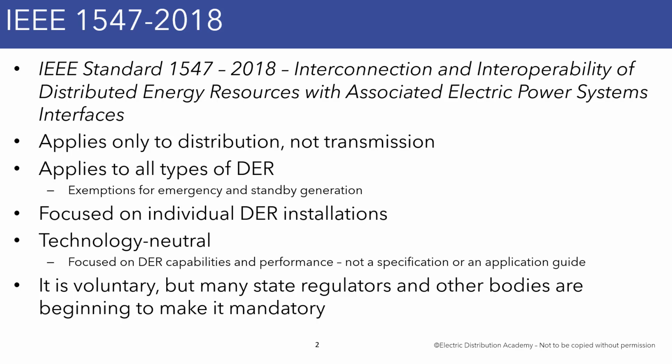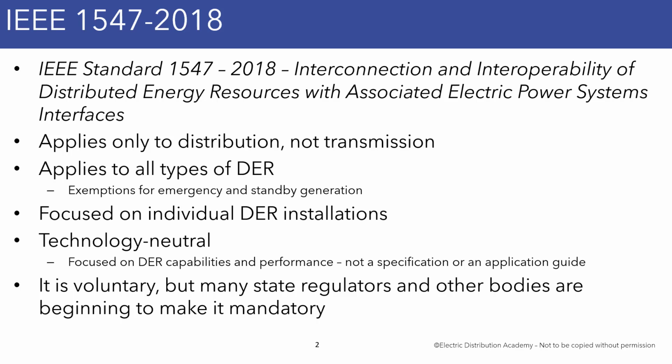With respect to transmission, there is a new standard that was just released, IEEE 2800, in May of 2022. 1547 applies to all types of DER, solar PV, or fuel cells, or synchronous machines, what have you. And there are some exemptions for emergency and standby generation in terms of the different requirements that those types of generators have to follow.